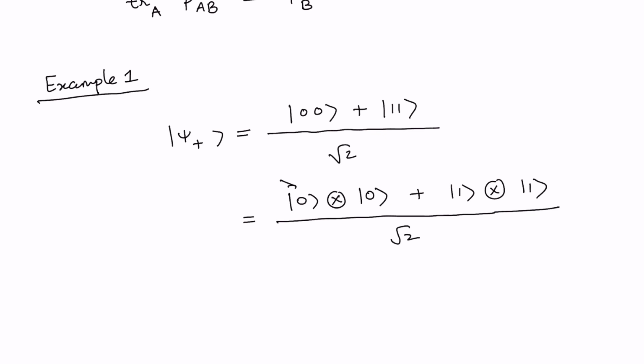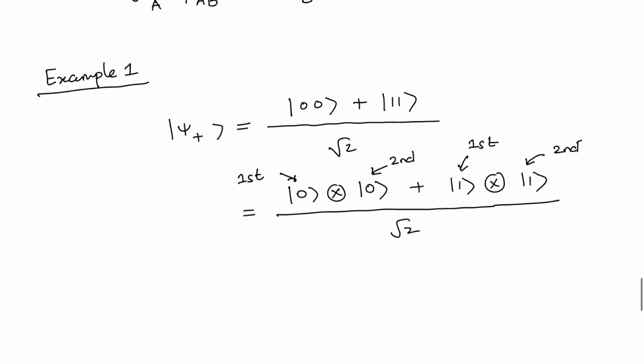Now here the first ket 0 represents the first qubit, and the second one corresponds to the second qubit. The first ket 1 corresponds to the first qubit or the first system, and the second one corresponds to the second qubit. Okay, this is the convention.